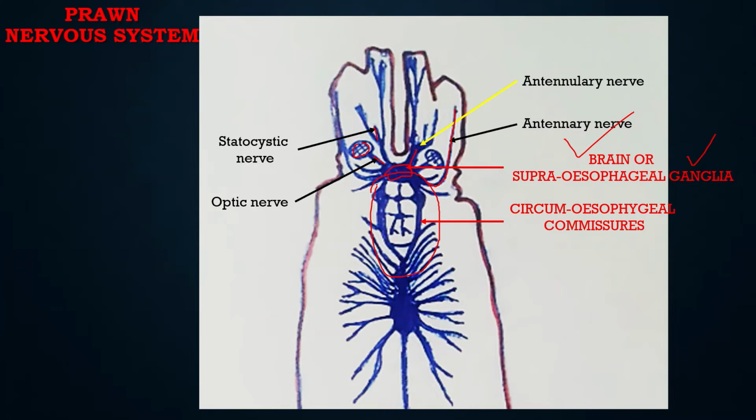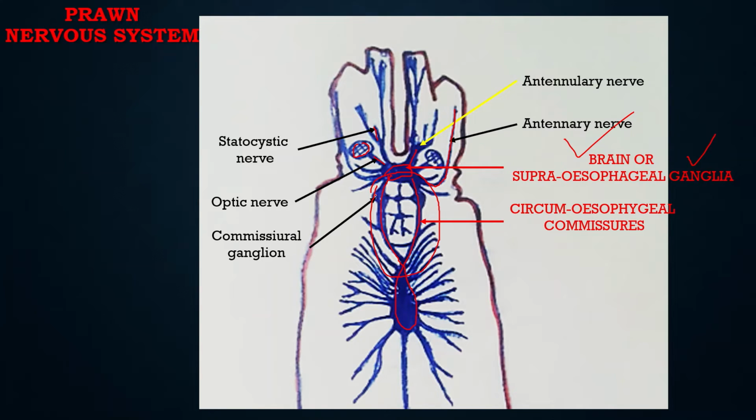These run backwards and downwards, encircle the esophagus and unite ventrally. The two branches are connected posteriorly, forming a large mass of ganglia called the ventral thoracic ganglionic mass.